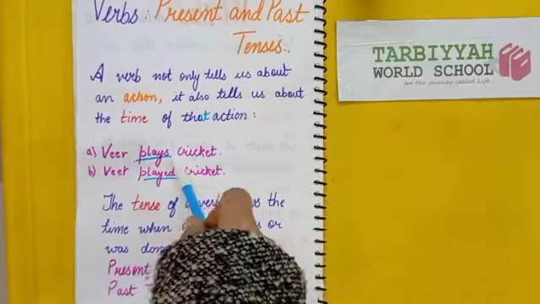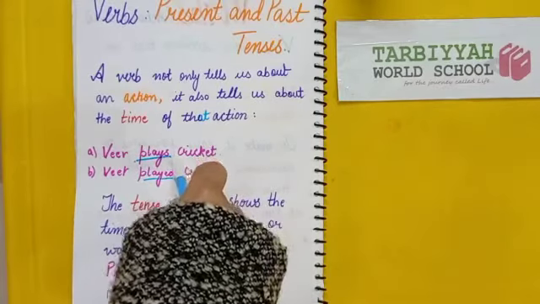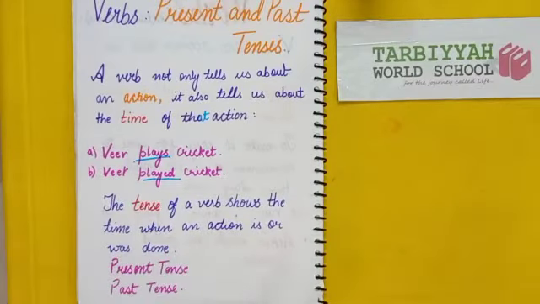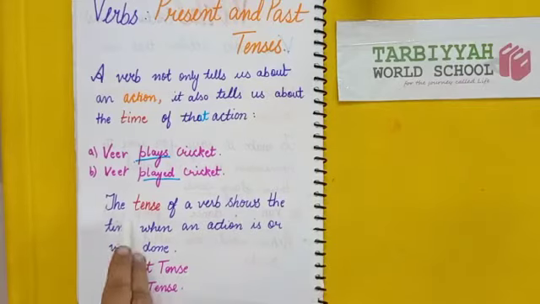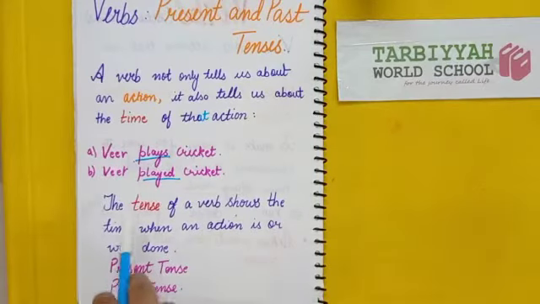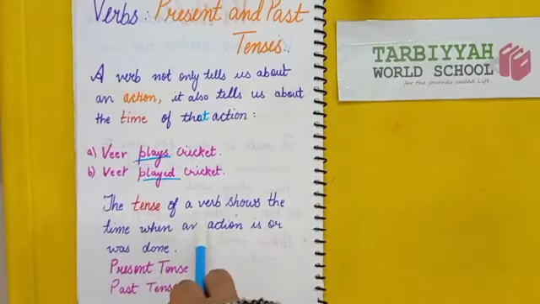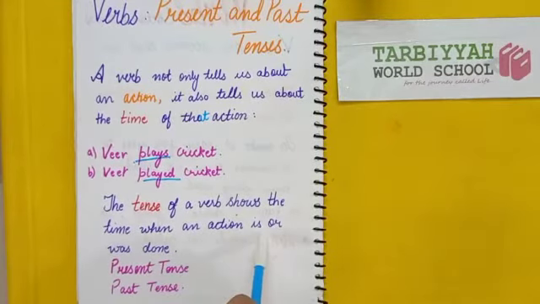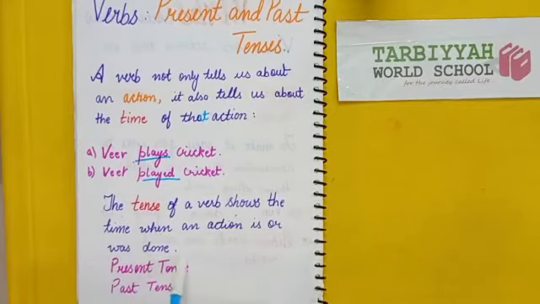Means this plays is in present, and this played is in past. Okay, now see, the tense of a verb shows the time when an action is or was done.